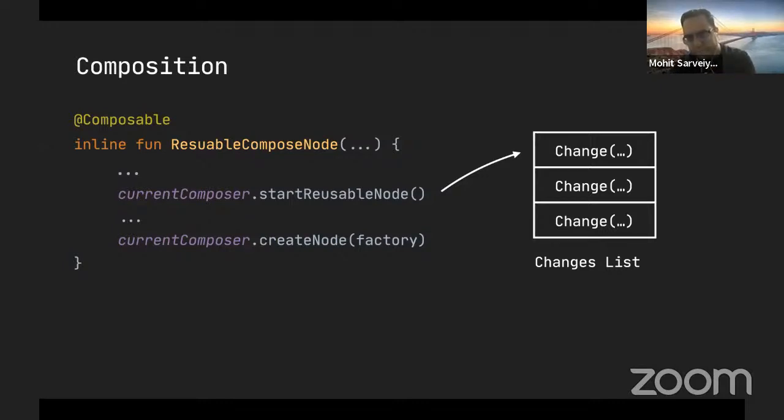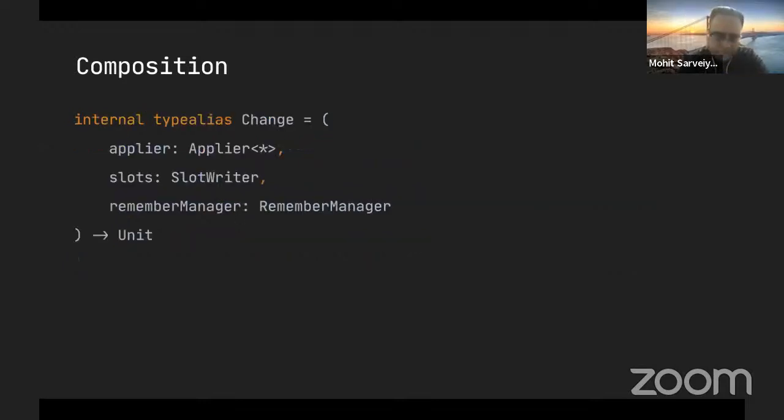It makes a list that defines what are the things that need to change in this composition tree. And you have an Applier, hence the word Applier, that reads each change and actually materializes a tree and updates the tree. So the Change is a type alias, and it defines what are the things that need to change, and has an Applier attached to it.